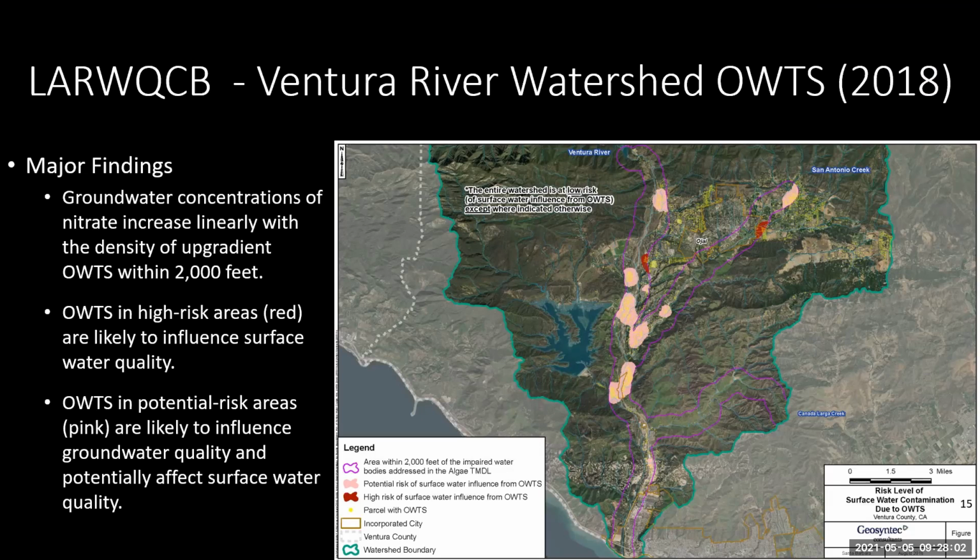I was a principal investigator of the septic study that's shown here. This is a monitoring-based study where we used a combination of nutrient and septic and sewage indicators like ammonia, nitrate isotopes, and pharmaceuticals and personal care products.